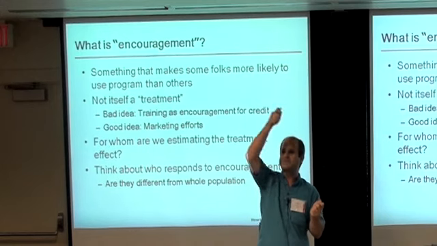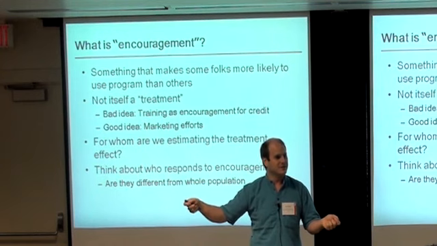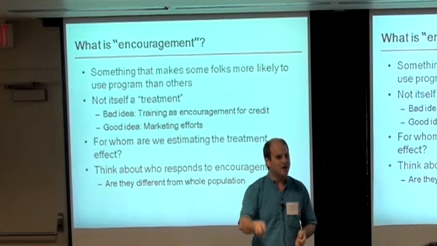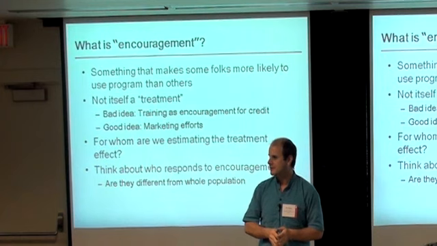If it has its own effect outside of the decision to take up, now it's a problem econometrically, and we can't really claim that we're measuring the impact of using the service. We can only measure the net effect of the two together.